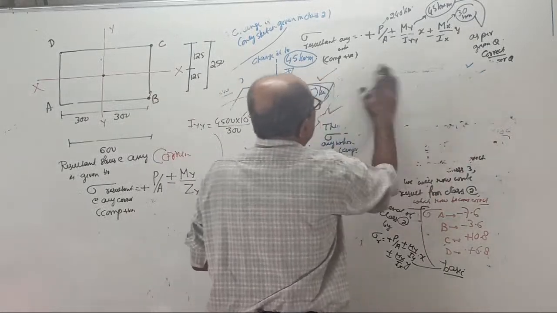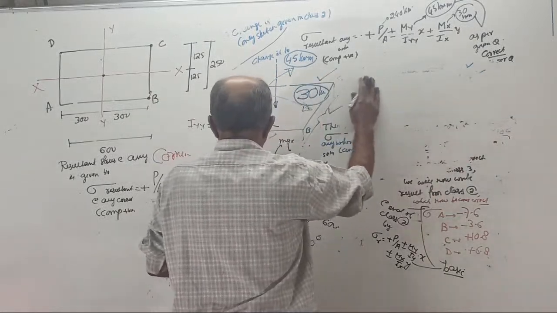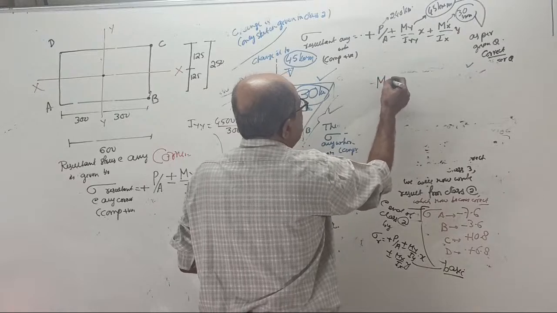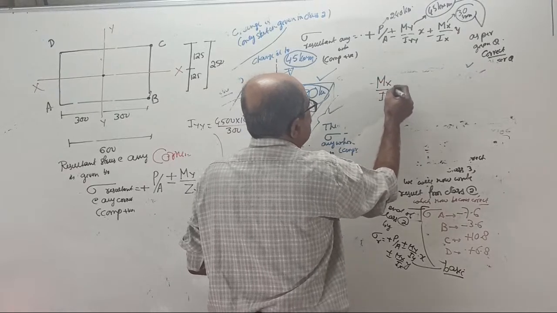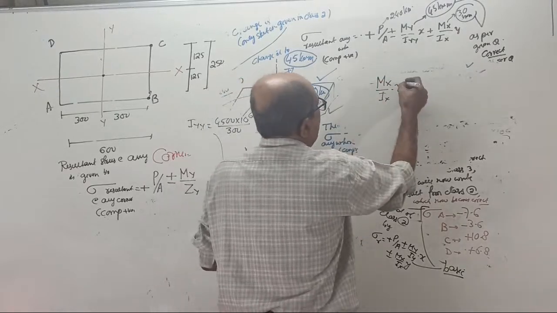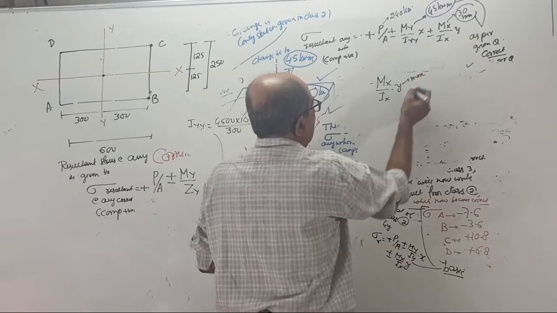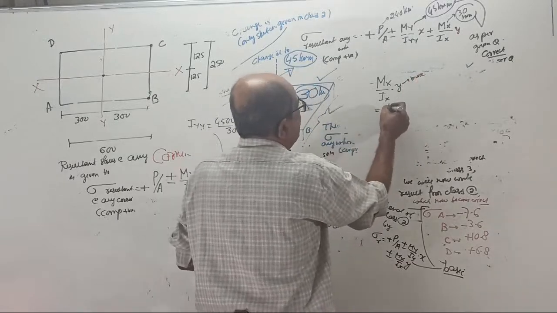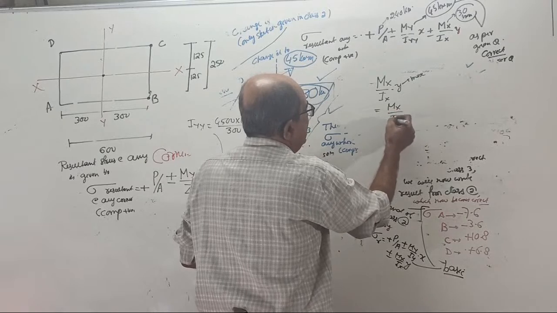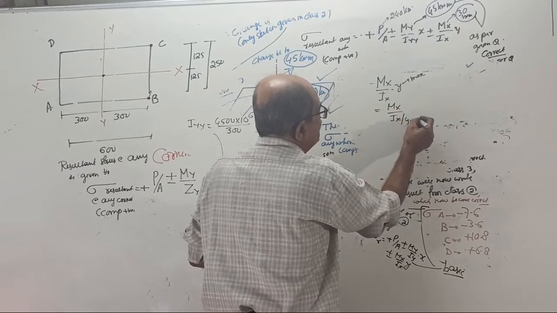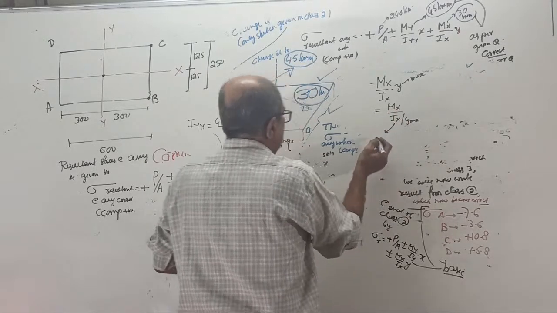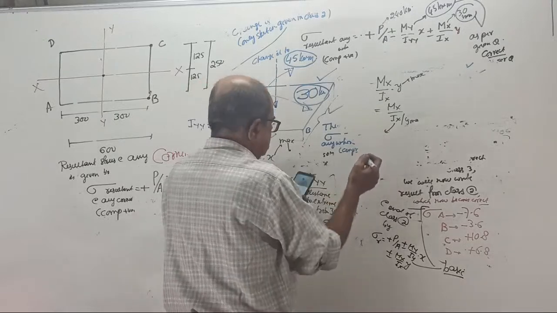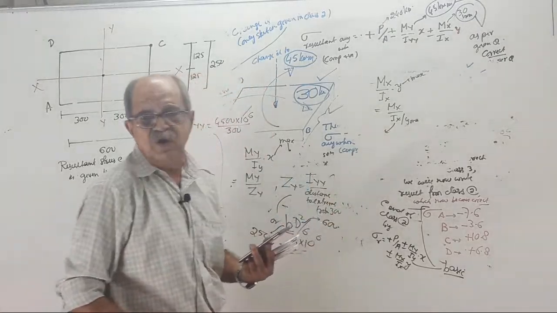Same spirit for Z about X. When you write Mx by IXX into Y, then you require that Y maximum, or you can write Mx by I about X by Y maximum. Then what is the IX value? Anybody remember? I forgot.